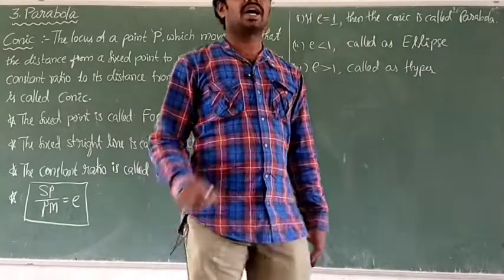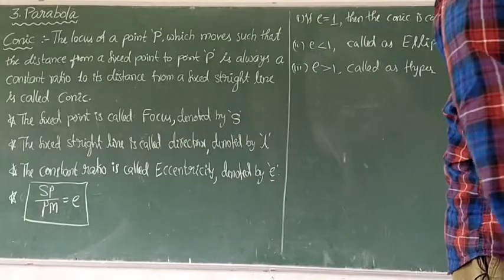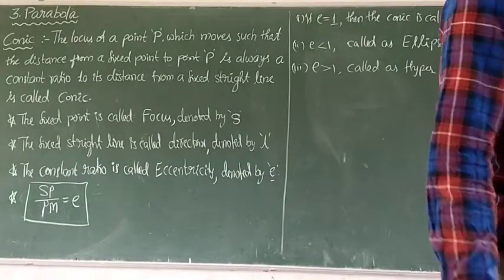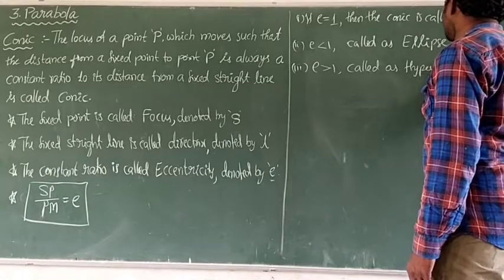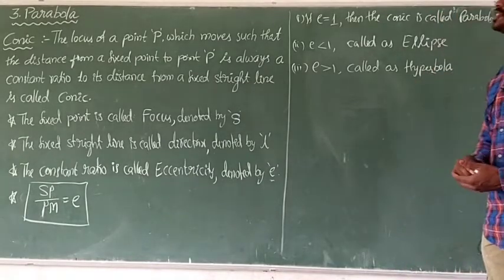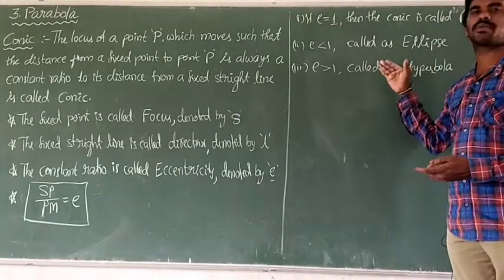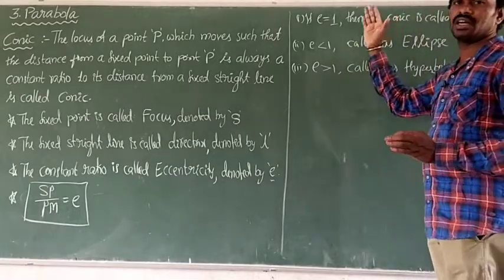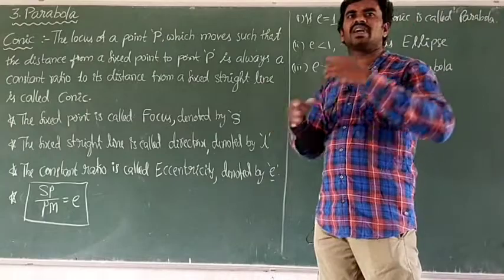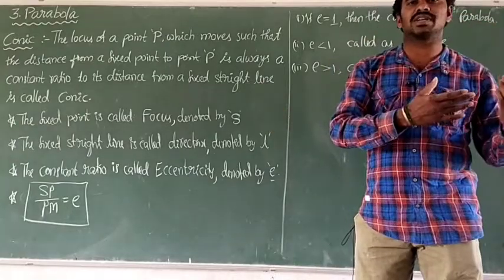We have three topics: parabola, ellipse and hyperbola, and there is an internal relationship among these three chapters. So if you are good in one chapter, using that chapter we can learn the concepts of the other chapters.